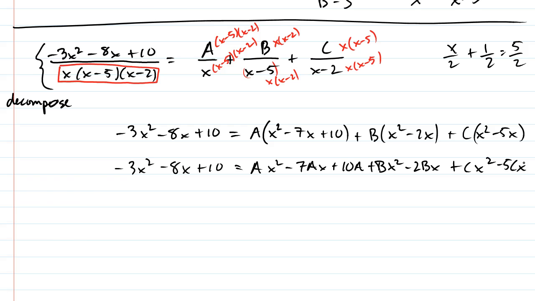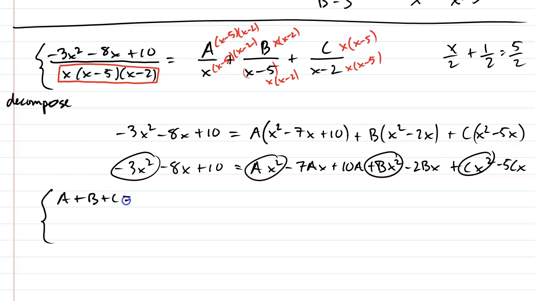And at this point, we can start setting up our system. So for x squareds, I actually have 3 of those. So it's going to be a plus b plus c is negative 3. Alright, and then we look at our normal numbers next to x's.